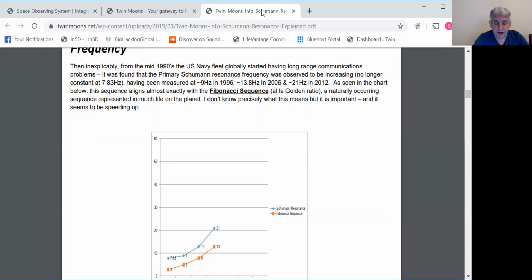It is very interesting to note that 8, 13, 21 very closely approximate what we were getting in the Schumann resonance. And so I put together this graph, and will continue to analyse the frequency changes and see whether we have correlation.